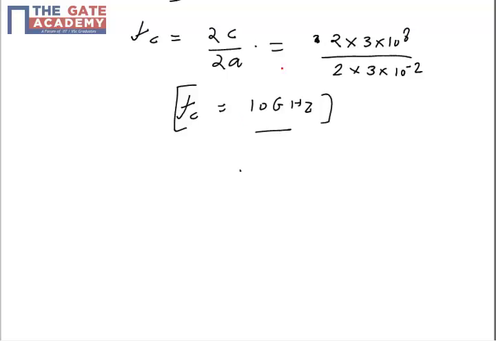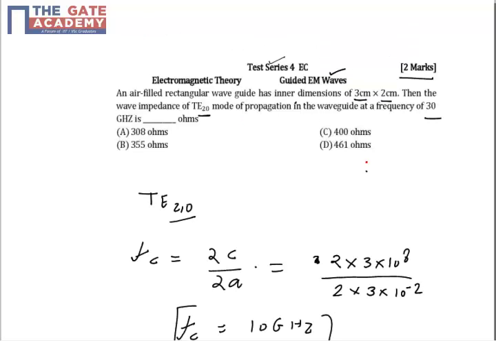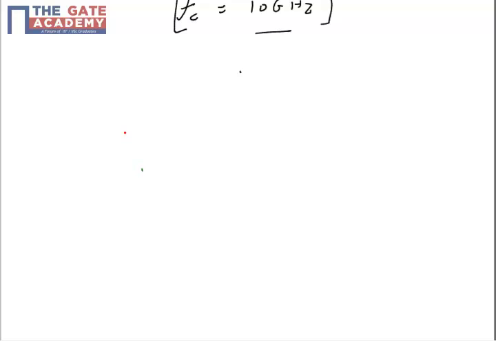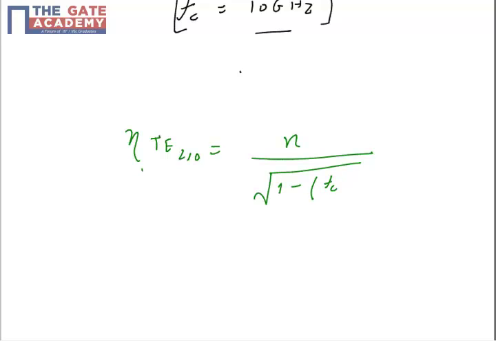So in case of mode TE2,0, the formula for wave impedance is given as, or we know as, eta TE2,0 is equal to eta upon under root 1 minus FC by F whole square.